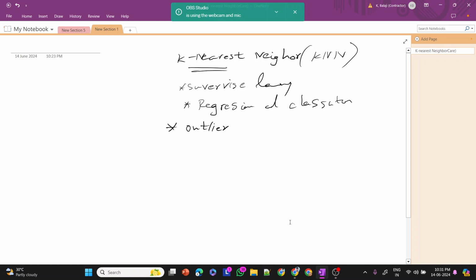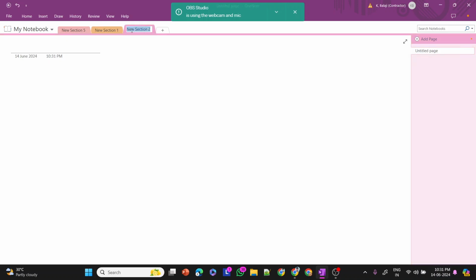This algorithm is so simple, we can easily understand it, and it is a non-parametric algorithm, and it makes decisions based on some distance formula. Let's see how this algorithm will work on classification.